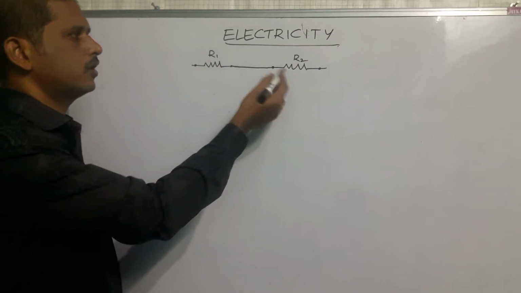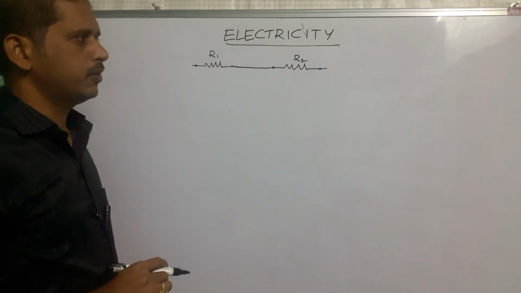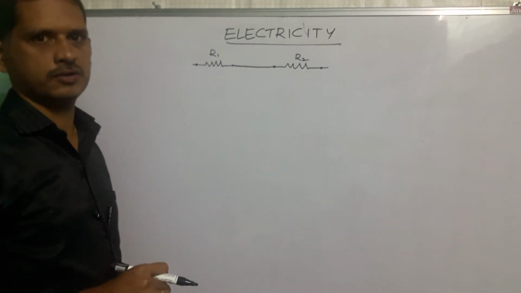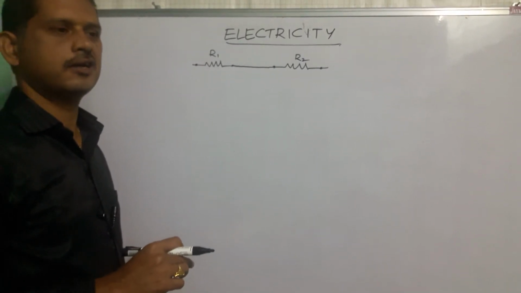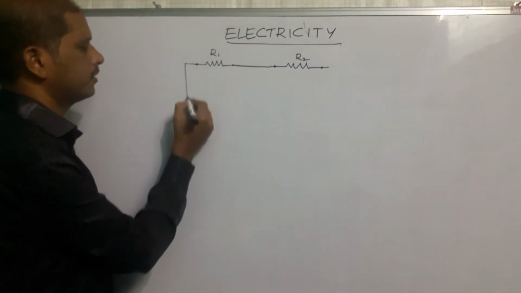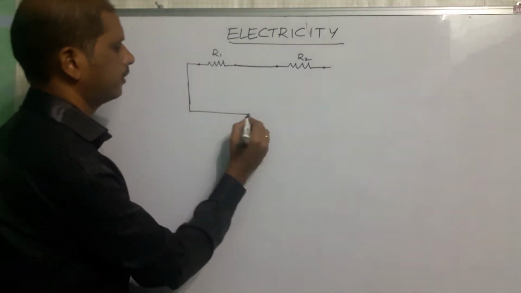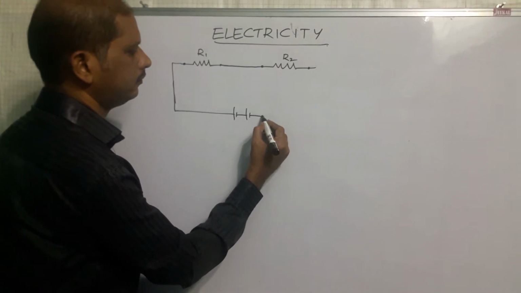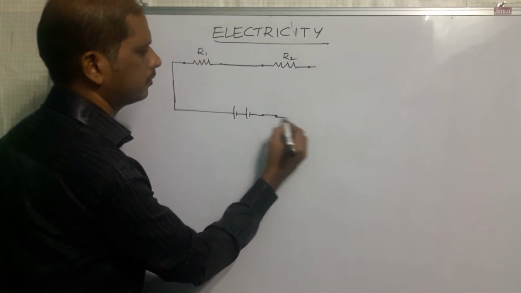When these two are connected in series combination, we have to find out the effective resistance, or the resultant resistance, in the circuit. So this is connected in an electric circuit. It consists of a battery here, this is a tap key.